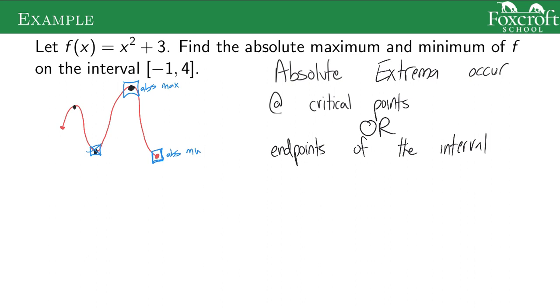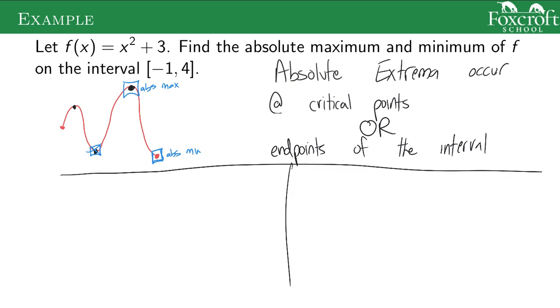So when we're doing this, the first thing we'll do is find critical points. And again, for critical points, we take the derivative, so f prime of x is equal to 2x plus 0. We see if it's undefined; 2x is never going to be undefined, and we see when it's equal to 0.